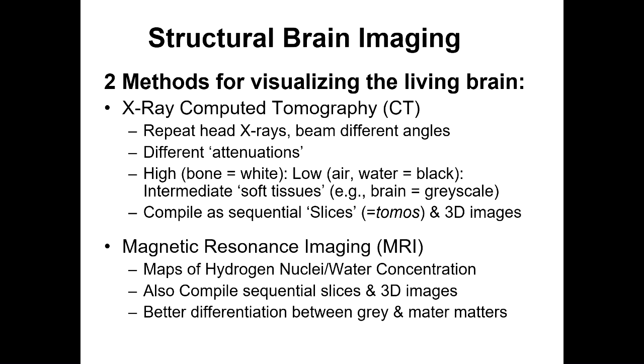And the same sort of thing applies to CT scans as well. Although some of the intermediate soft tissues in the head, of which the brain is an example, come up on a little bit of a grayscale.